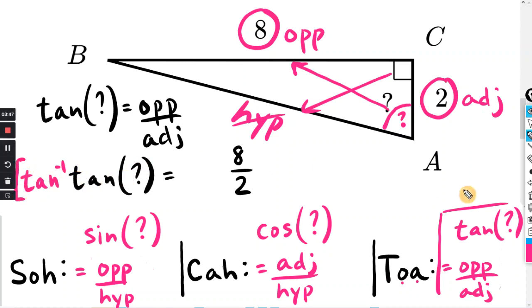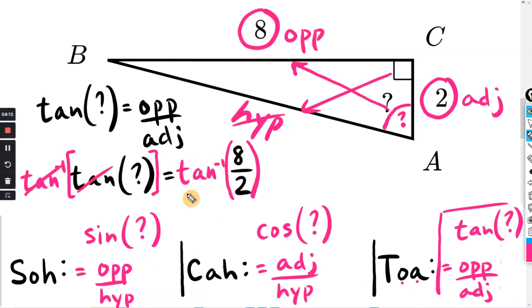So we're doing inverse tan of both sides of this equation. We take the inverse tan of this whole thing, and we do the inverse tan of 8 over 2 as well, and use parentheses. Inverse tan and tan, those drop out. We're left with the question mark.